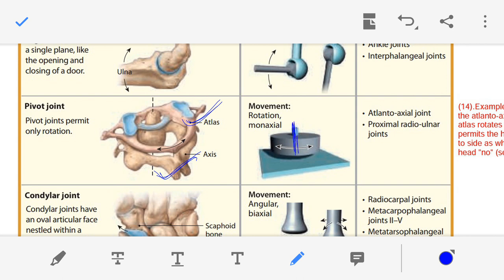Let's say this is the axis and this arrow is showing the movement. Here this is the movement of the atlas. So the atlantoaxial joint is also an example of the pivot joint.